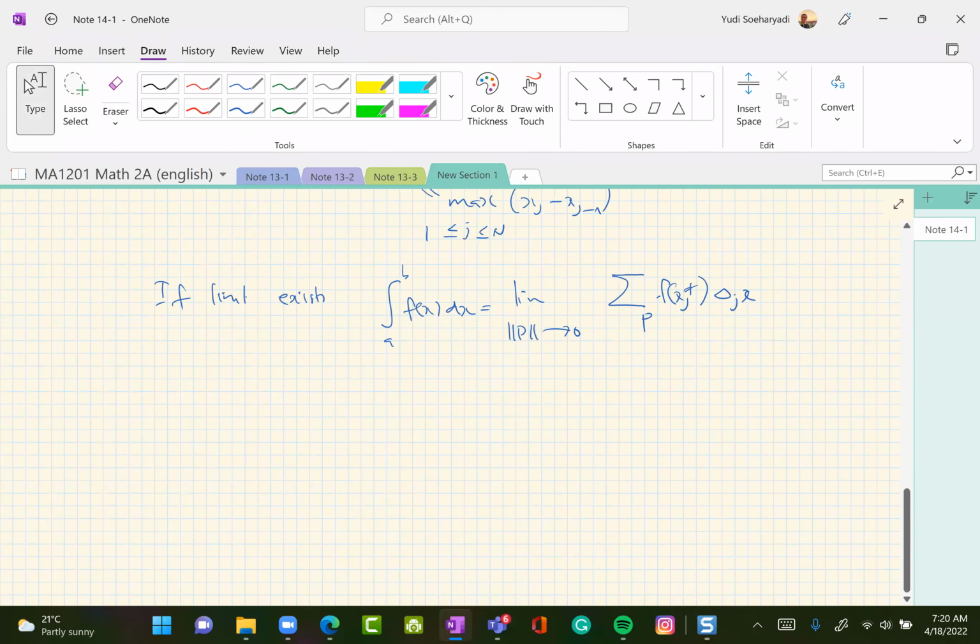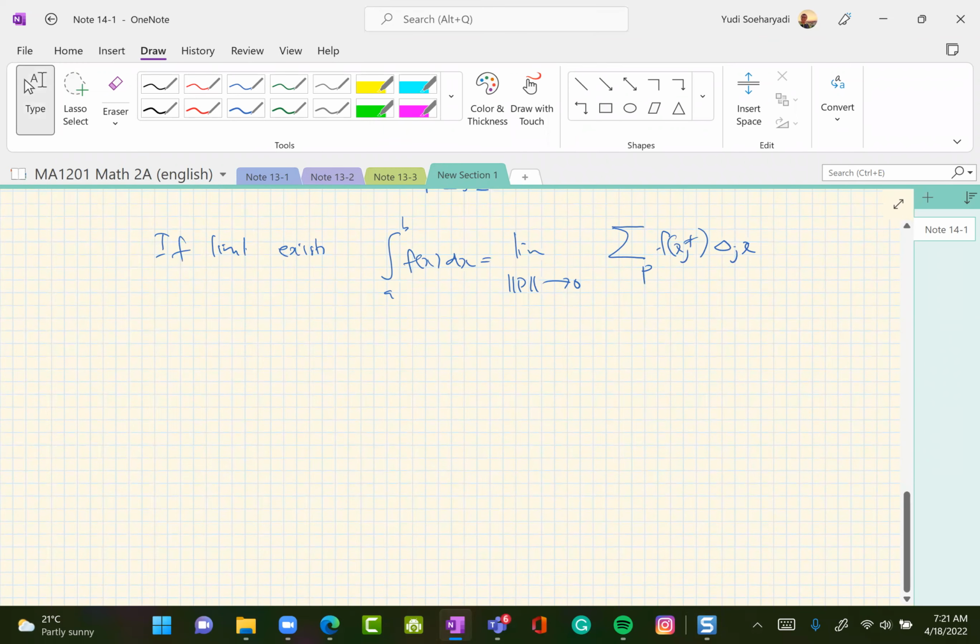All right, so we would like to do this over for two variables now. So this is the idea. So now we have that z equals f of x, y.